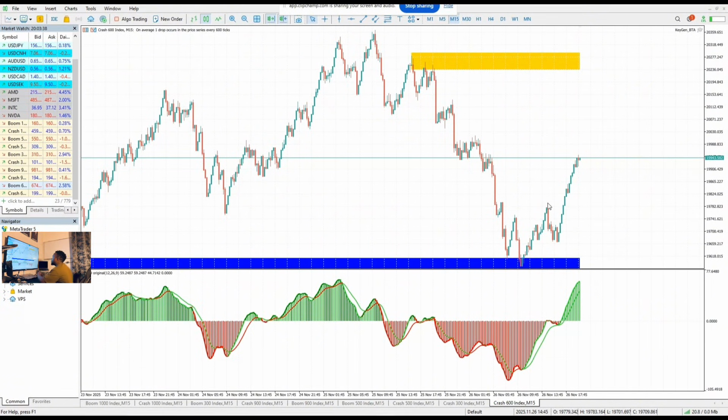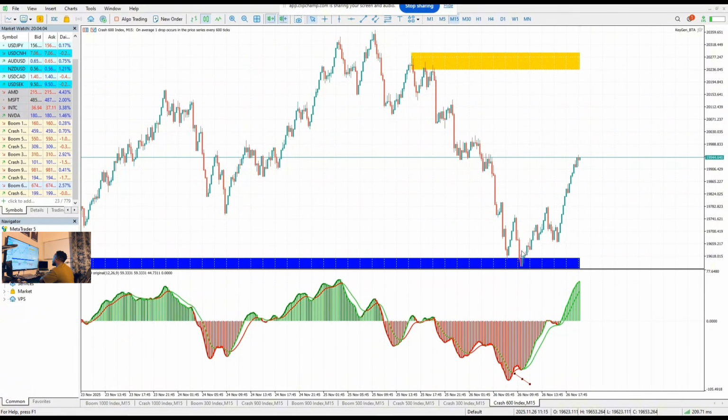Now we're simply going to go down to the MACD and we want to see how the MACD is performing. So in general, for buy trades, you want to be buying when the MACD is below zero and starting to move up to go above zero. And if you are selling, you want to be having the MACD above the zero level, which is this level, and you want it to be going down.